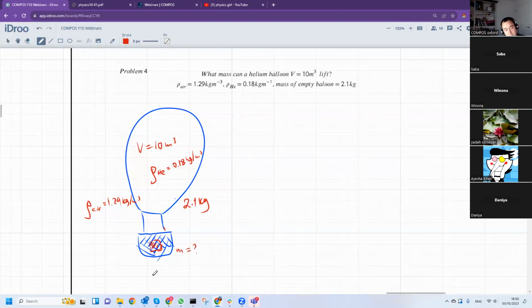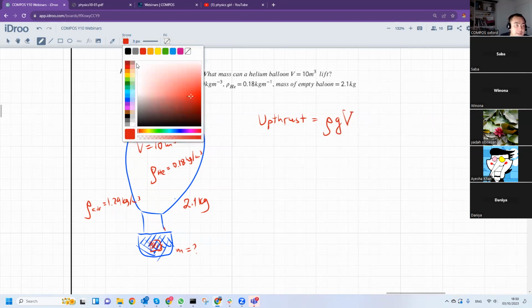Okay, so what do we know? We know the upthrust force is density times gravity times the volume. Let's look at the forces acting on the balloon.